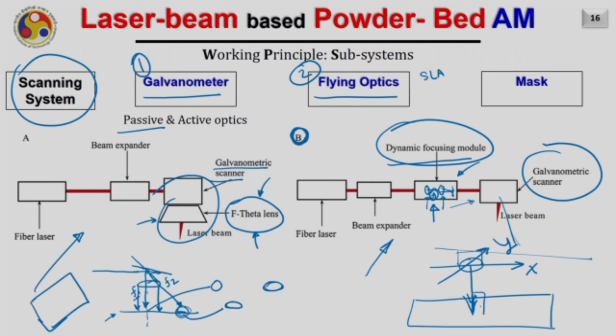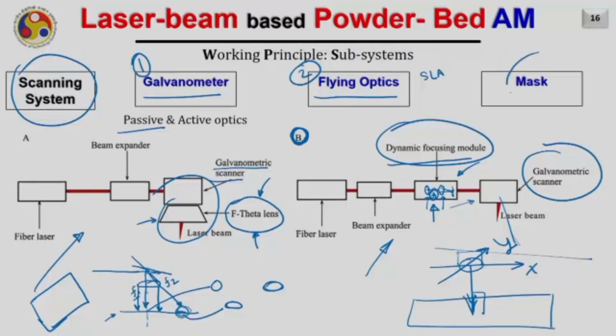As a result, there won't be any issues related to focal length change as well as any issues related to distortion of the cross section of the laser beam projected on the bed. However, as the entire optics is now moving, we have to limit the scanning speed of the laser beam for creating the part. That will definitely affect the production time, and it will increase in such cases.